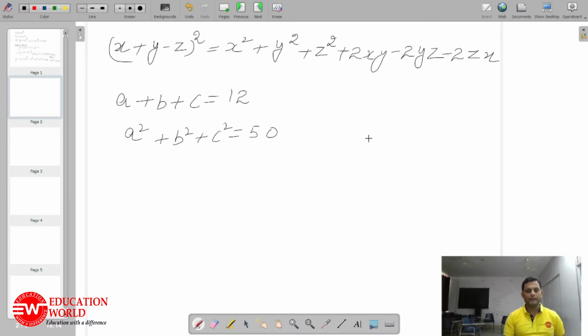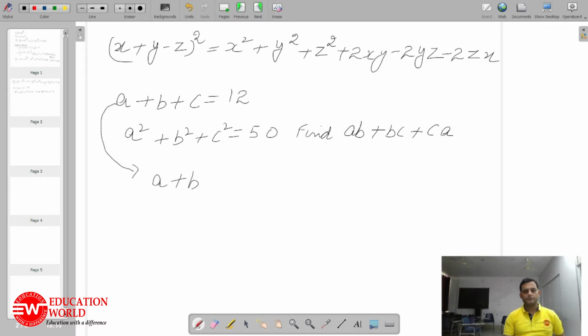Then they are saying to find ab plus bc plus ca. So we will take from here (a plus b plus c) square. Squaring both sides.